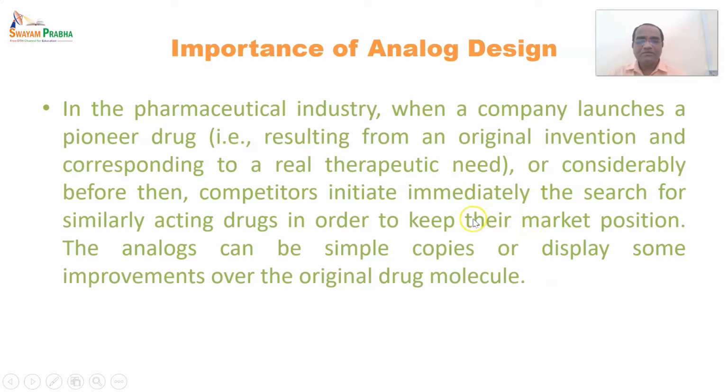So what is that isostere? By this way they prepare analogs, and these analogs may display similar activities or be similar copies in chemical structure, or there may be improvement of activities, or improvement of pharmacokinetic parameters like absorption, distribution, metabolism, and elimination.